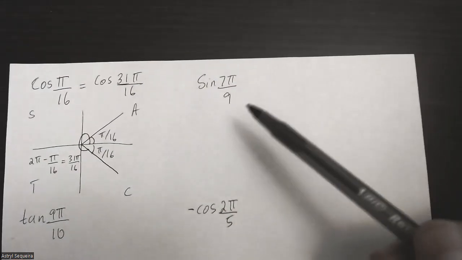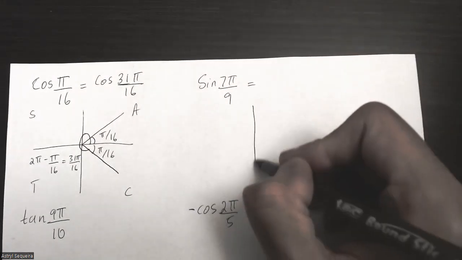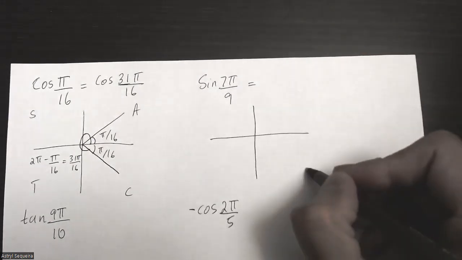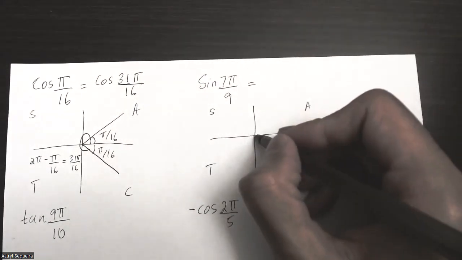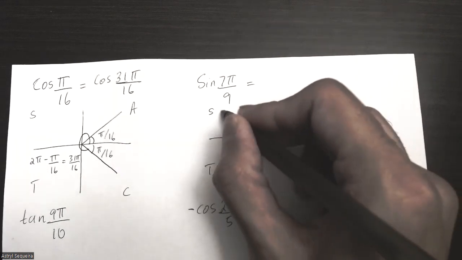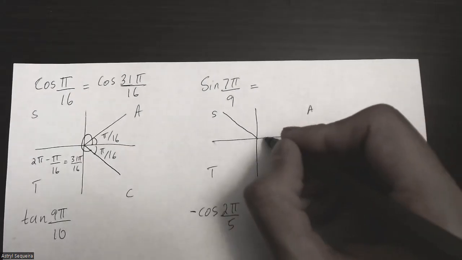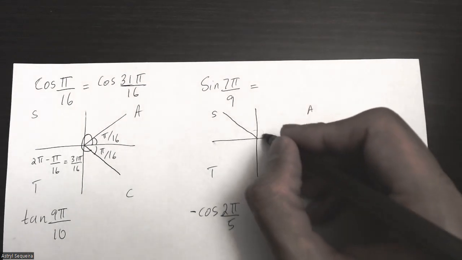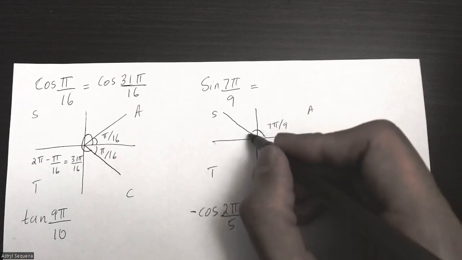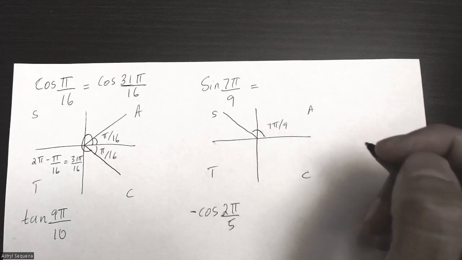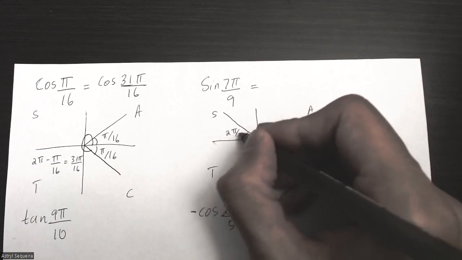All right, let's try the second question over here. Sine of 7 pi over 9. I know that 7 pi over 9 is in the second quadrant because it's slightly less than pi, which is halfway through there. If this whole angle here is 7 pi over 9, my acute angle is pi minus 7 pi over 9, which is just 2 pi over 9.